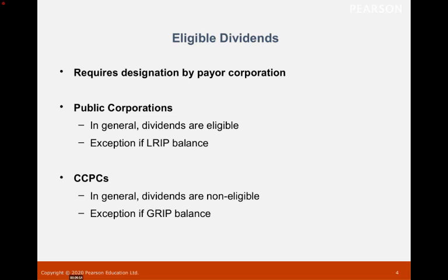So that's just speaking in generalities, but they both can have a mix. But often public corporations will pay a higher tax rate, and your CCPCs will be able to take advantage of some of those benefits for Canadian-controlled private corps and pay a good chunk in the lower rate area.